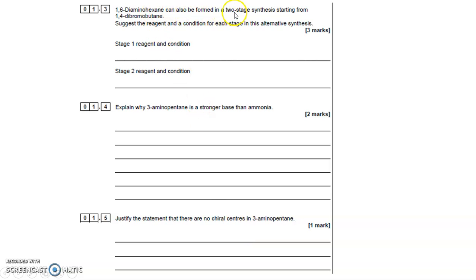1,6-diaminohexane can also be formed by a two-stage synthesis starting from 1,4-dibromobutane. So dibromobutane, Br, 1 at 1 and 1 at 4, carbon number 1, 2, 3, 4. And if you notice, butane becomes hexane, it gets 2 extra carbons. So CNs are used.